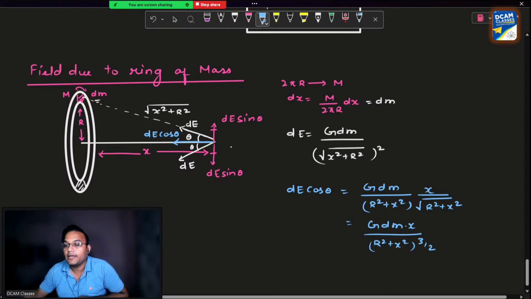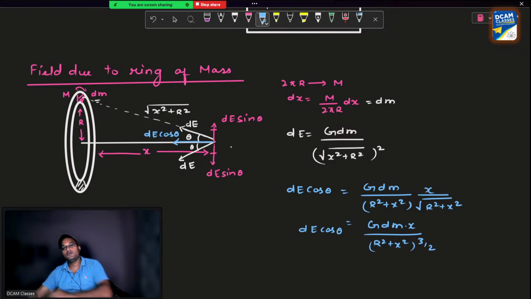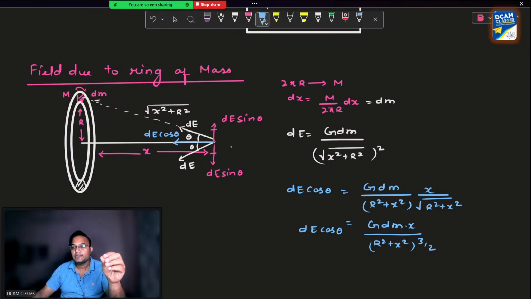Now to find out the total field, you have to take all the masses. You have to integrate this thing. But the good thing is, whatever elemental mass you take, whether this or some other place, every mass is at the same distance from the point P, that is root over x square plus r square.